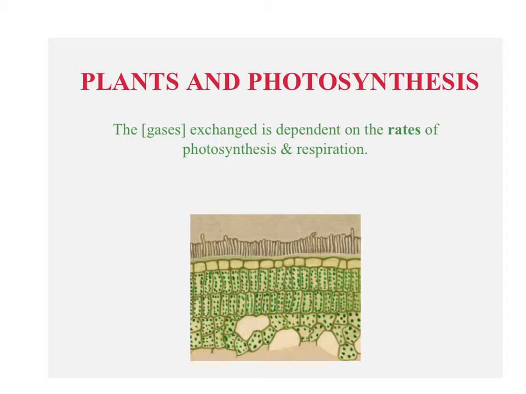Ultimately, the concentration of gas exchange is going to depend on the rate of photosynthesis and respiration. This is controlled by other environmental factors that you should know from GCSE, but might not be able to remember. If you can't remember, maybe take a look back at Bitesize to help remind you.